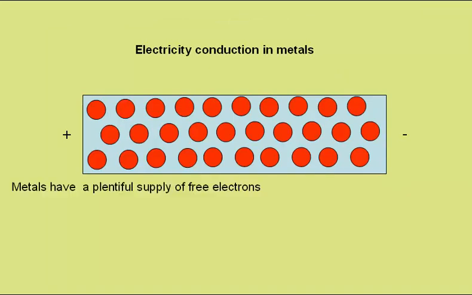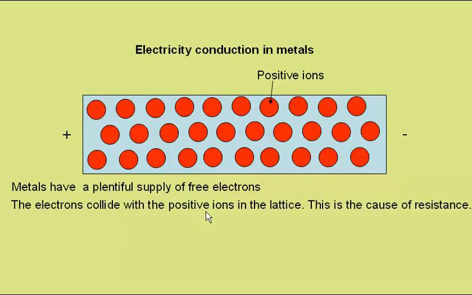Metals have a plentiful supply of free electrons surrounding a lattice of positive ions. An electron will want to travel from the negative side towards the positive side and might follow a path something like this. The electrons collide with the positive ions in the lattice, and this is the cause of resistance.